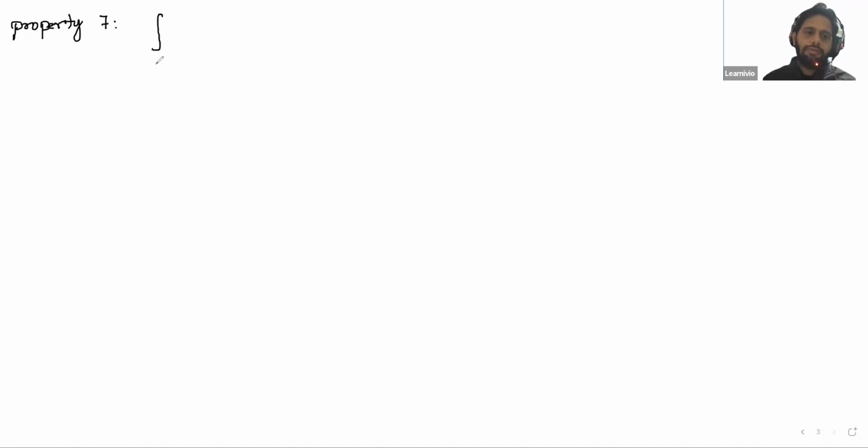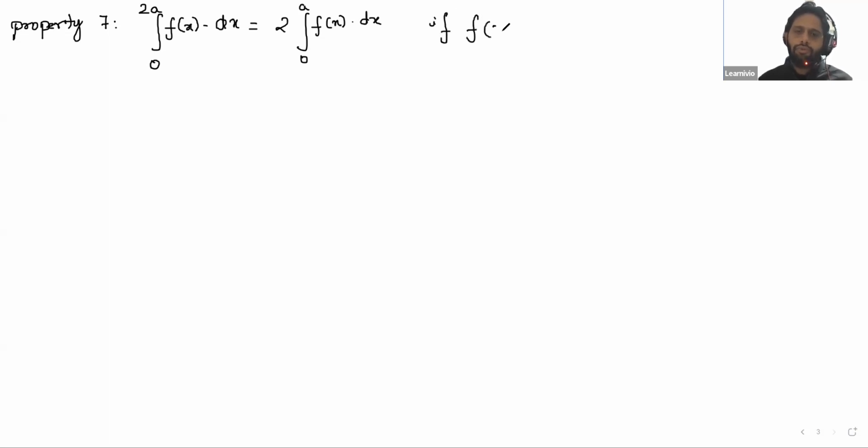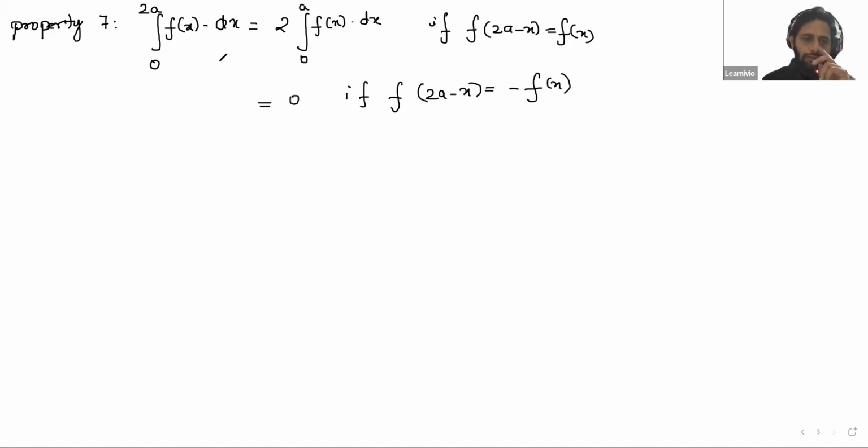Property 7 is integral 0 to 2a f(x) dx is equal to twice of integral 0 to a f(x) dx, if f(2a minus x) is equal to f(x), and this is equal to 0 if f(2a minus x) is equal to minus f(x). Okay, so this is our next property.